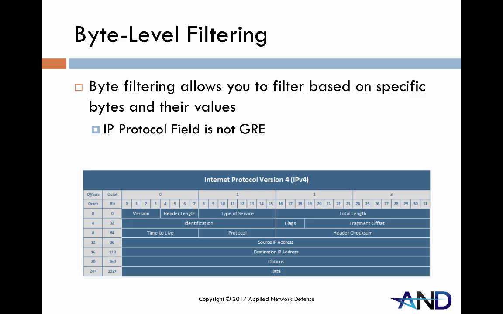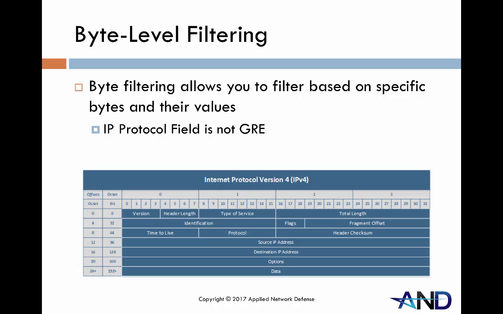So to do that, what we have to do is pretty straightforward, but you have to kind of get used to doing it. We have to find the protocol field and what byte it is in specifically. Now, if you're familiar with IPv4, you may know it right off the top, but if not, you may have to count it out. And remember, we count bytes starting at 0.